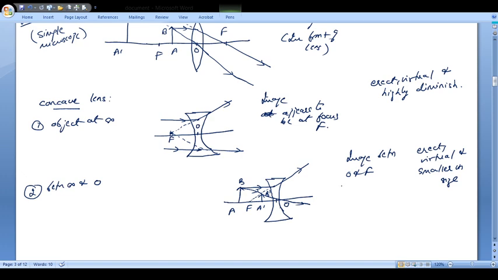So if you keep the object between infinity and optical center, anywhere you keep it, you will find that your image will always be between optical center and focus on the same side. So I hope this part is clear to you.